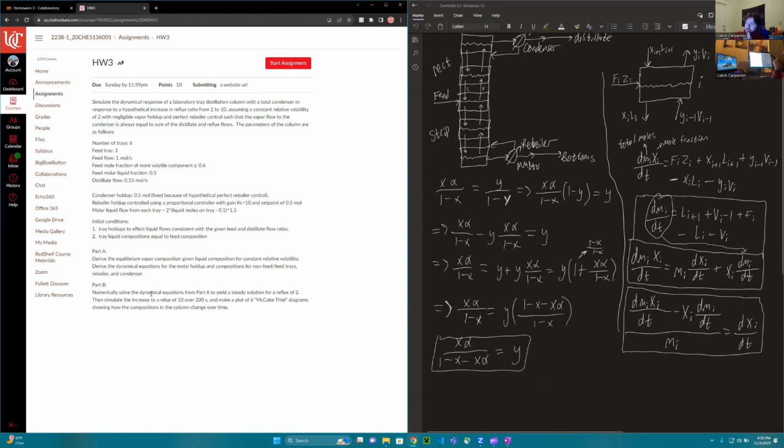So the next part, we're going to numerically solve the dynamical equations from part A to yield a steady state solution for a reflux of 2. And then we're going to simulate an increase of the reflux to 10 over a time span of 200 seconds and make a plot of 6 different McCabe-Thiele diagrams showing how the composition of the column changes over time.